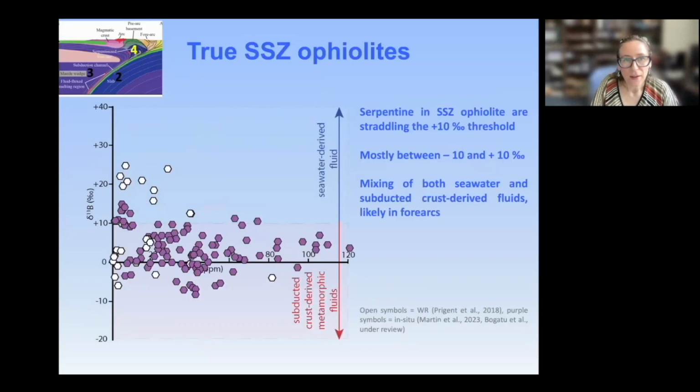And so, interestingly, if we now look at the true suprasubduction zone ophiolites, which is what we encounter the most, I would say, in terms of ophiolites in mountains, interestingly, on these data, both the ones we acquired in situ that are in purple and the ones that have been acquired by wet chemistry that are in white, we can see that they overall straddle that 10 per mil threshold, with most of them being between +10 and -10.